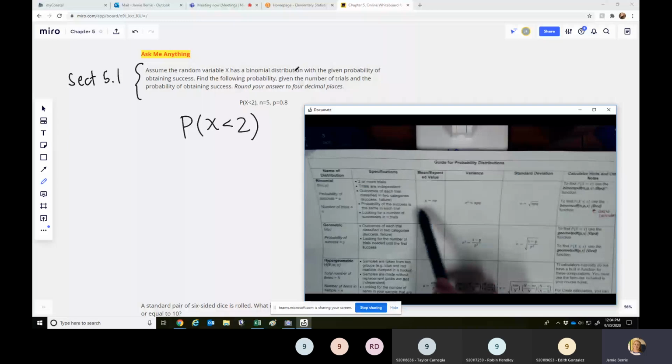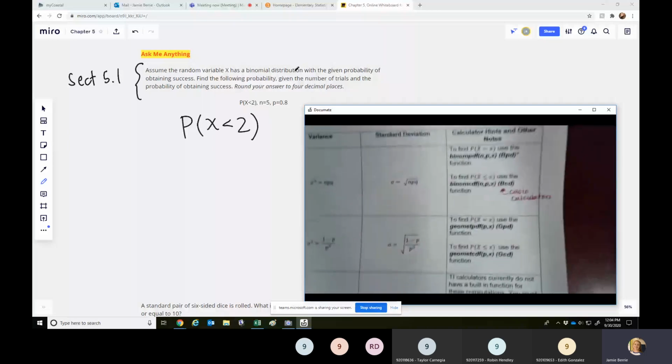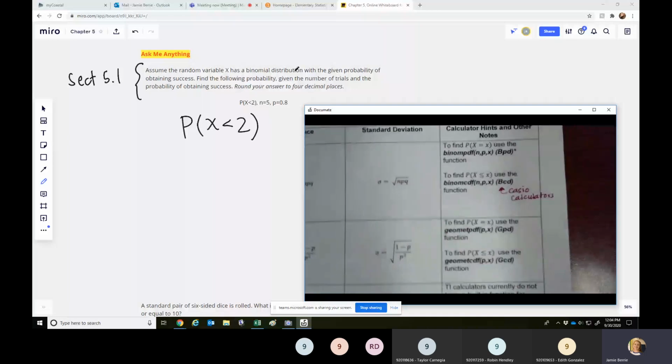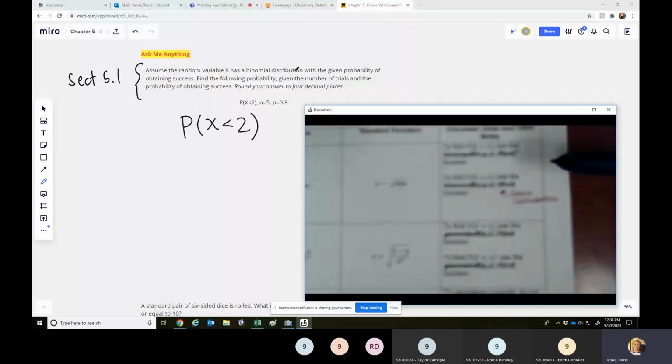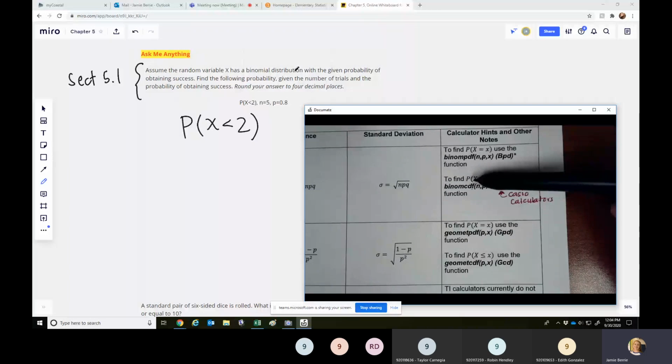All right, so let's look over here at our calculator hints. It tells us that there are 2 different types of probabilities that your calculator is programmed to deal with. Your calculator can deal with the probability that x is equal to a number, and it can also deal with the probability that x is less than or equal to a number.